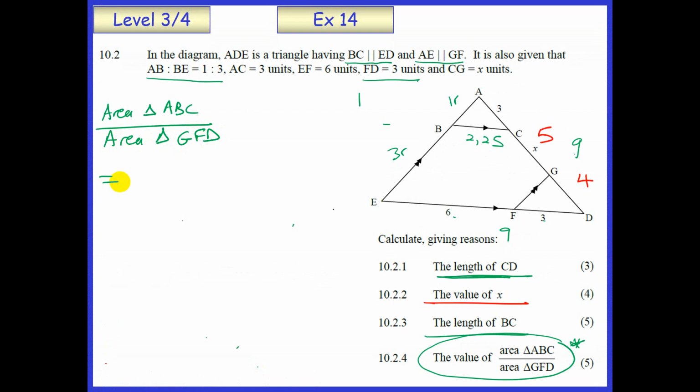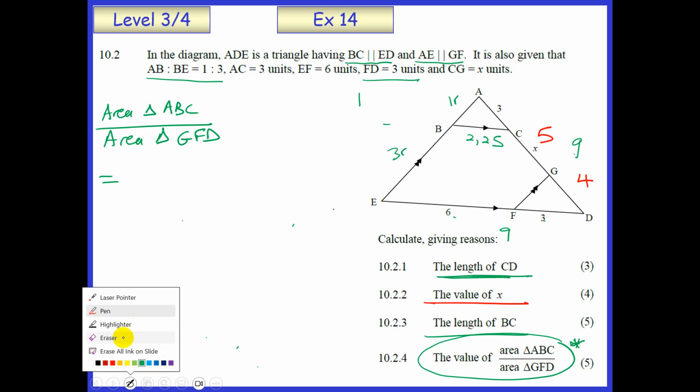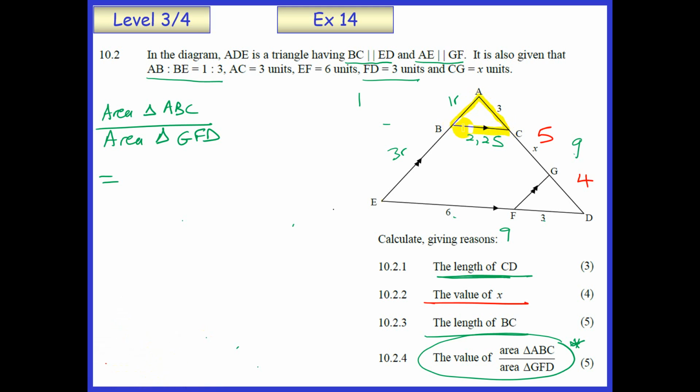So what are we going to do if we look at triangle ABC? Let's start there. And I'm going to highlight the triangle. So that's not a right angle triangle, so we're going to use the area rule. I'm going to keep the top in yellow so you can see that.